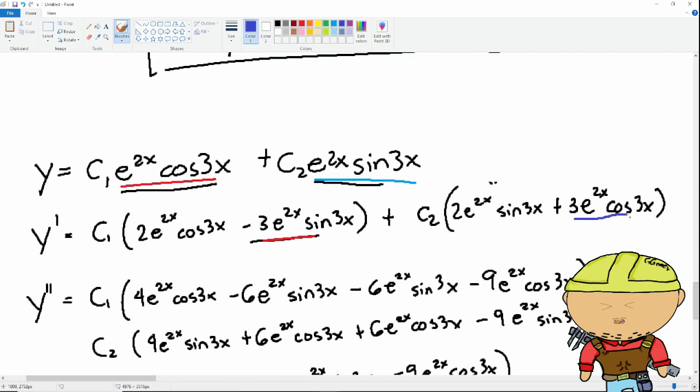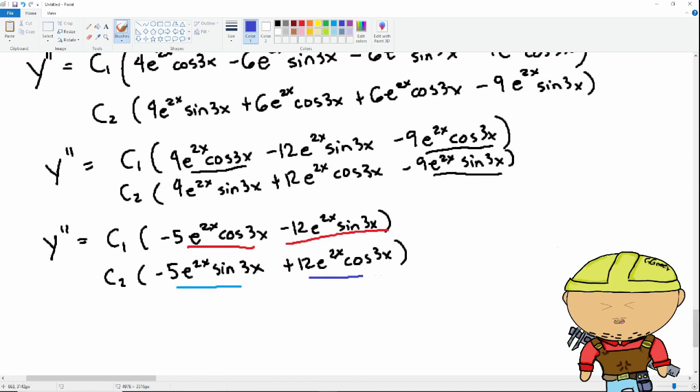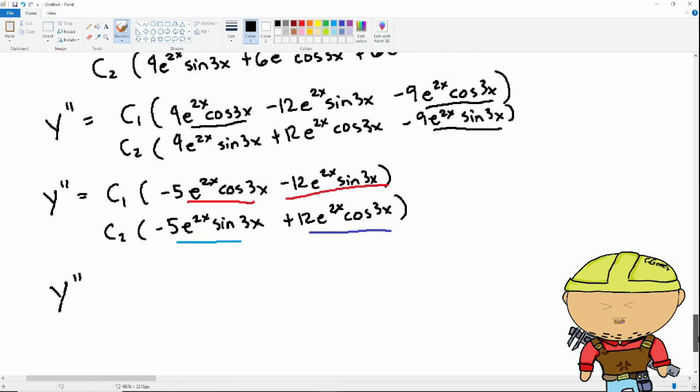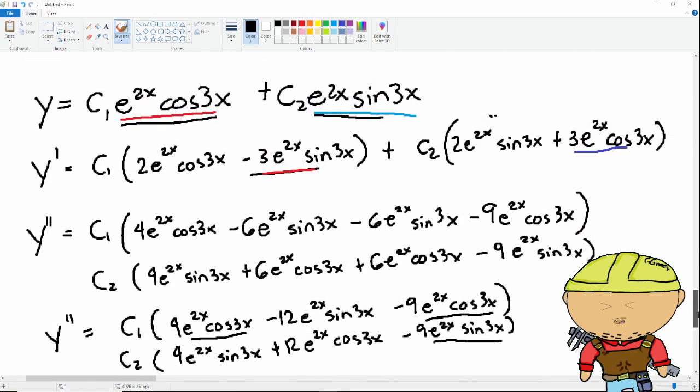So, I'm just taking on the new terms. I'm going to eliminate the 12 first. We have y double prime, and y double prime has negative 12 e to the 2x sine 3x.